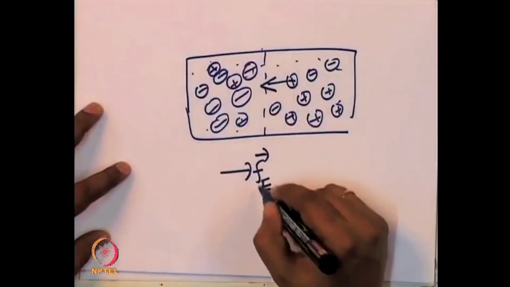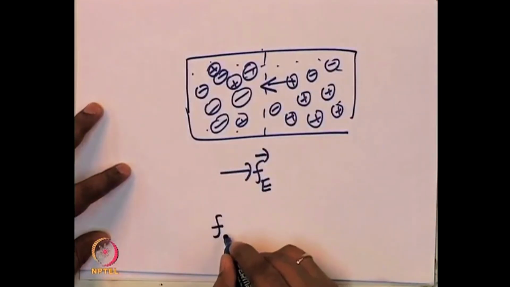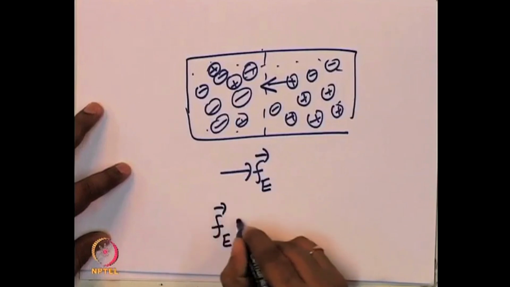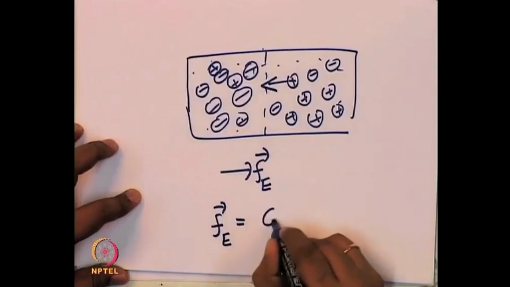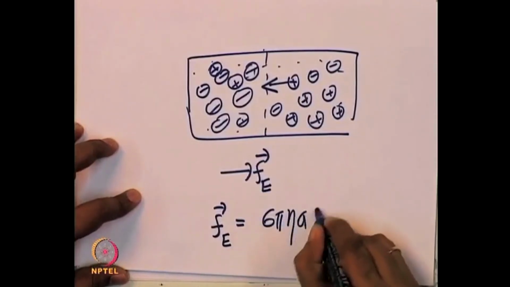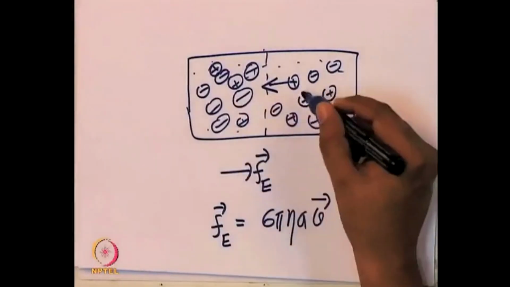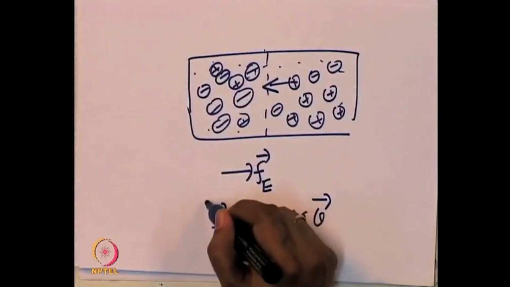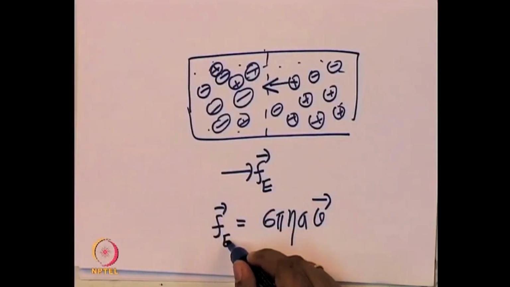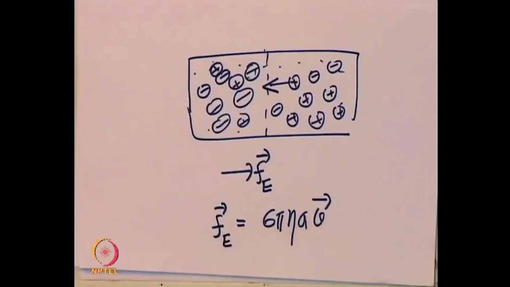So, these small ions will be feeling a lot of friction. Each of these plus ions will be feeling some electrostatic force. For anything moving, for spherical particles, the drag force is 6 pi eta a v, where v is the velocity. So, the ion will move with a velocity v given by this formula, F is equal to 6 pi eta a v.